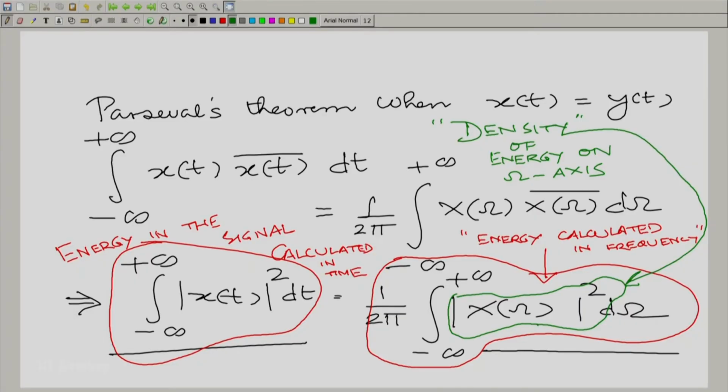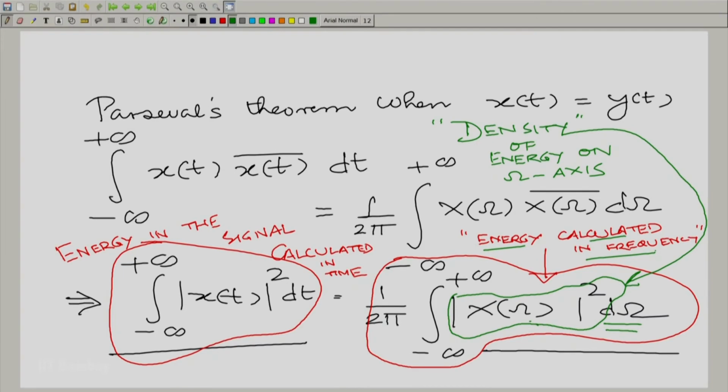If you knew the point-wise density inside the mass, you would integrate that density over the mass. The same thing is being done here. If you look at the expression here, this is the energy density, or the density of energy on the omega axis. We are integrating that density all over the omega axis to obtain the total energy as calculated from the frequency. So, it makes a lot of sense.